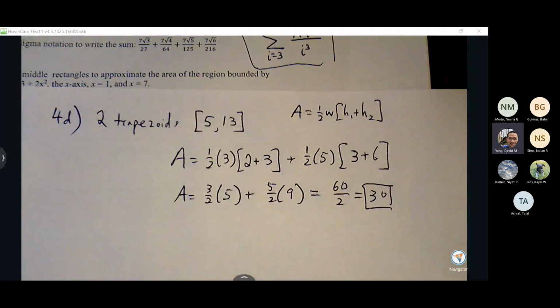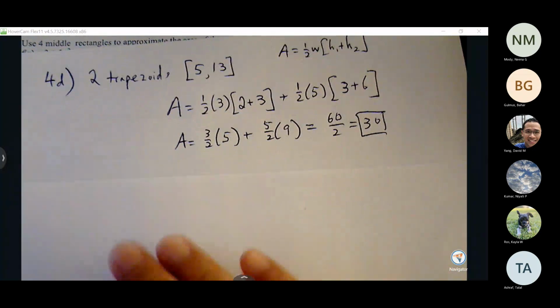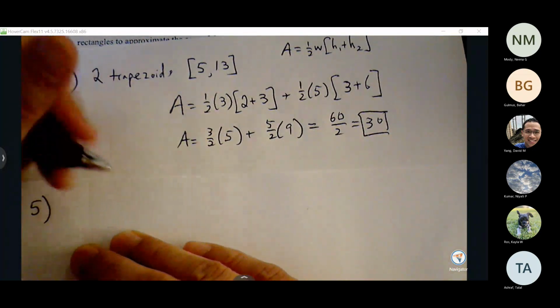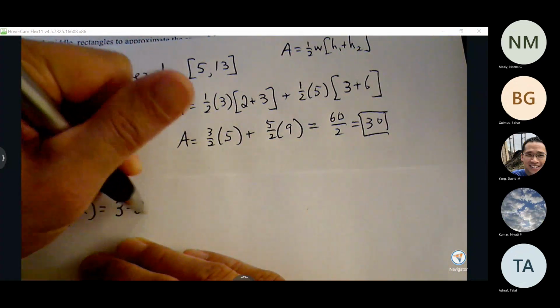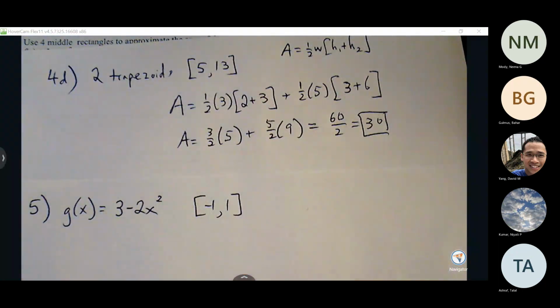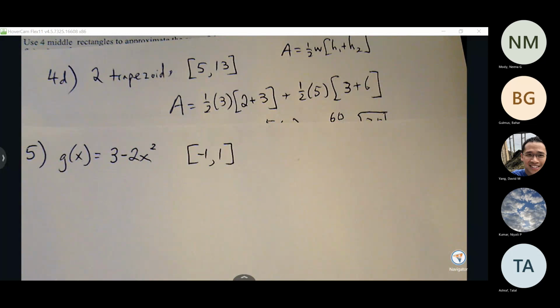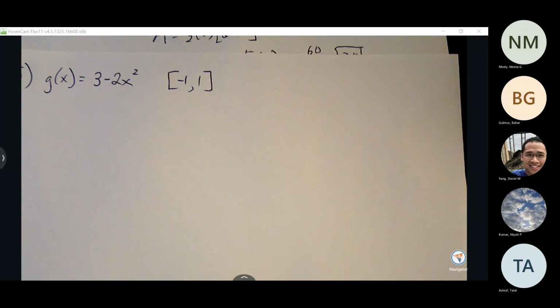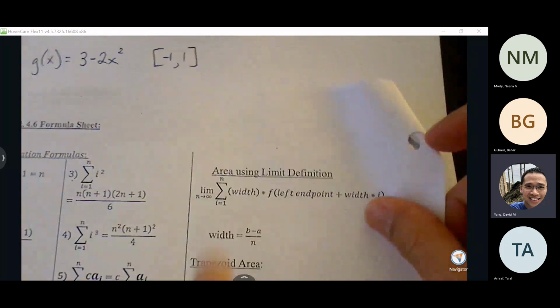Okay, let's do limit definition, number 5. The formula will be given to you and will look like this.